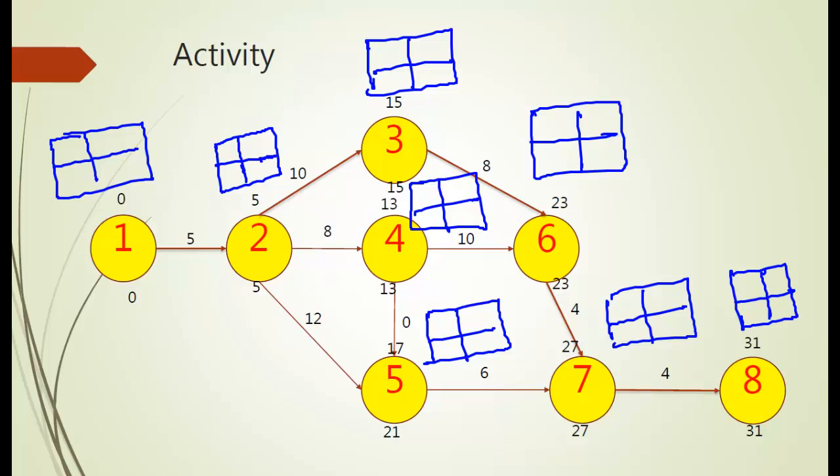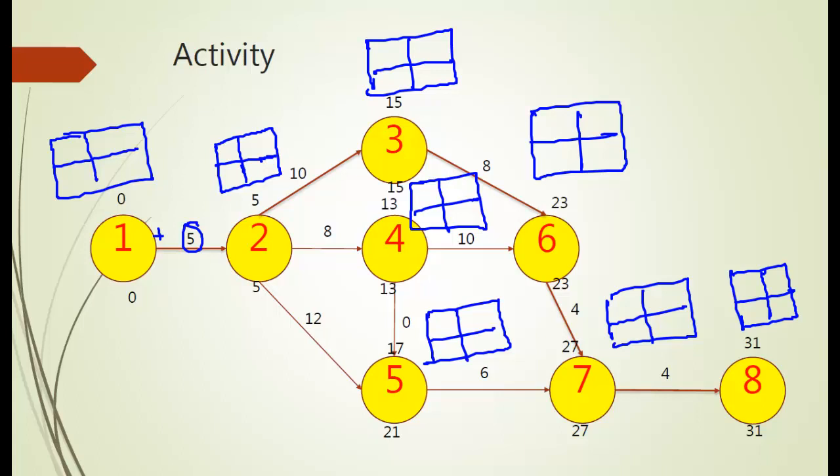Okay, so we know the early start means when this is going to start, and the early finish is the early start plus the computation time. For the early start, we sometimes have to check if a particular node comes from two nodes, like 5 comes from 2 and 4.